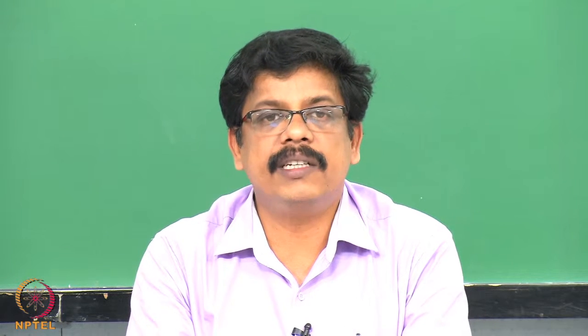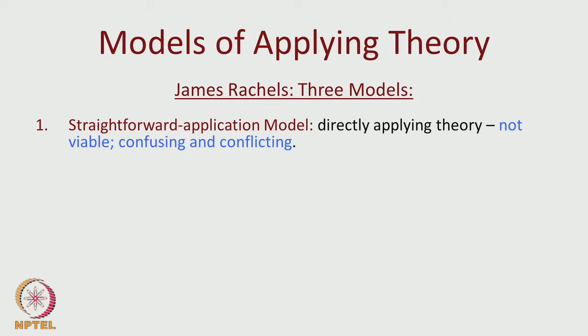The first one he calls the straightforward application model, where theoretical frameworks are directly applied. You apply theory directly to situations, to contexts where you encounter problems. But this may not work in all contexts, because the actual context in which we encounter problems or dilemmas will be extremely complex and complicated, involving a lot of issues.